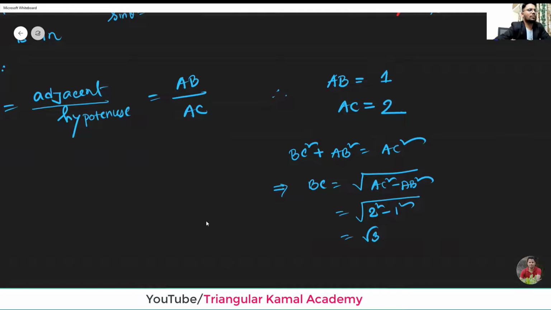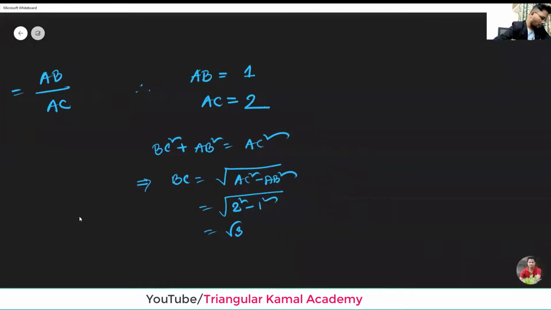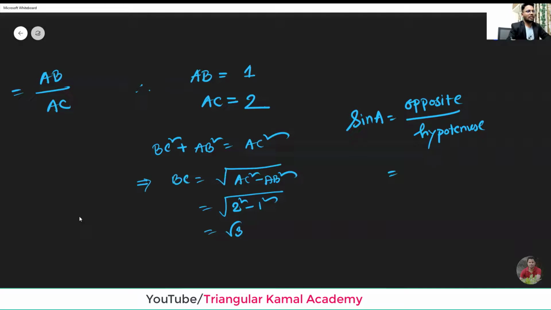BC is positive root 3. Now the question requires us to find the value of sin A and tan A. So sin A is opposite by hypotenuse. Hypotenuse in the first quadrant is always positive, that's why we are not using plus minus here.